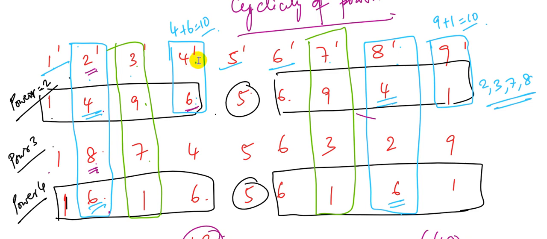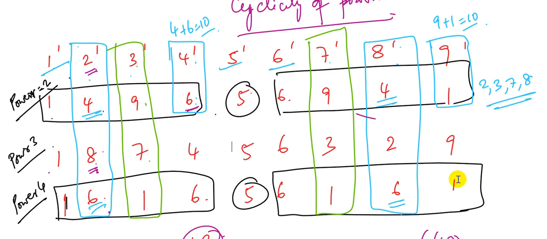Similarly, 4 to the power 1 is 4, 4 to the power 2 is 16, last digit is 6, 4 to the power 3 is 64, last digit is 4, 4 to the power 4 is 256, last digit is 6. So, 4, 6, 4, 6. 5 and 6 will repeat themselves. 5 to any power will end in a 5, 6 to any power will end in a 6. 7 will have 7, 9, 3, 1, 8 will have 8, 4, 2, 6, 9 will have 9, 1, 9, 1.